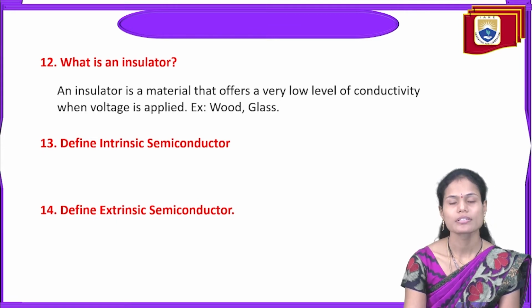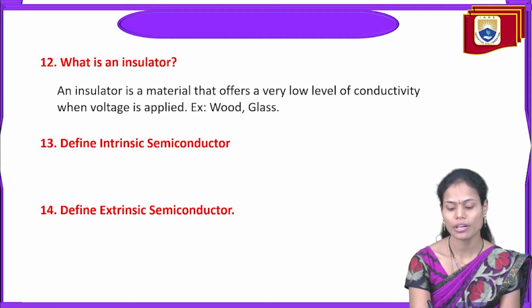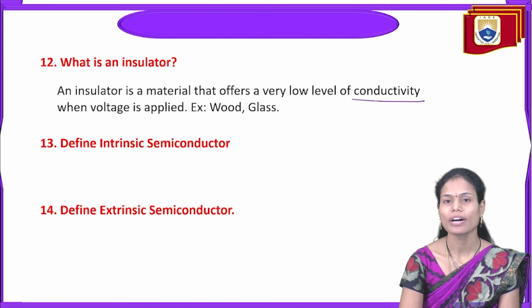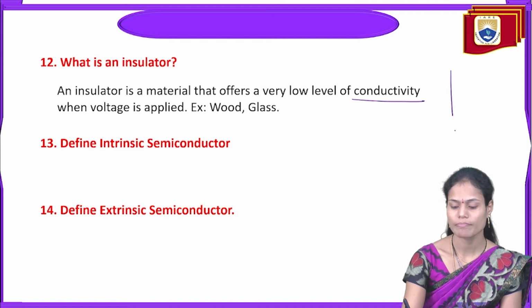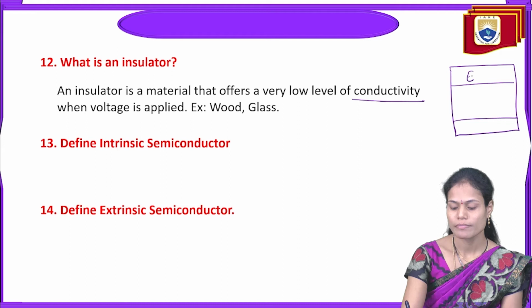And next one is, what is an insulator? An insulator is a material that offers a very low level of conductivity. Why is it providing a very low level of conductivity? In the energy band structure of this one, this is the valence band and this is the conduction band.